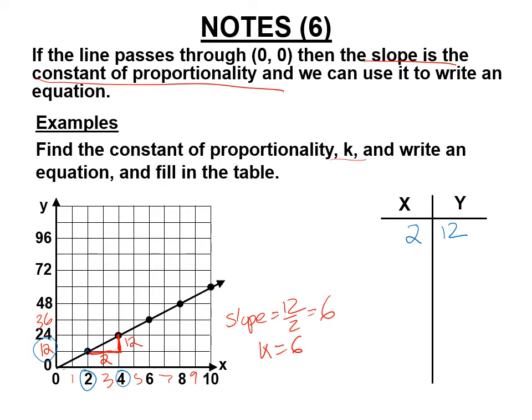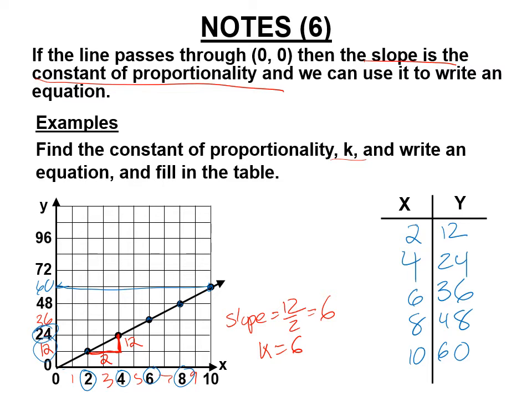When x was 4, y was 24. When x was 6, y was 36. When x is 8, y is 48. And lastly, x is 10. We're going up by 12s, so y is 60.